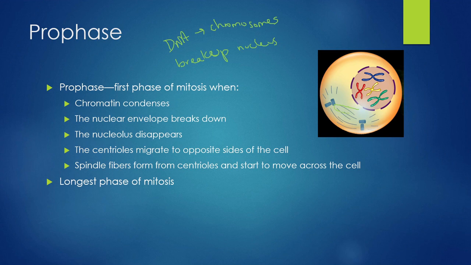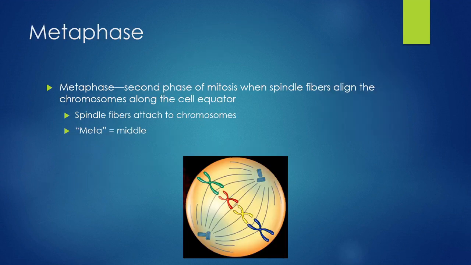So these are right here, these little lines, it's kind of hard to tell, that are going to help. Those are kind of the big points. There's other information here, but those are the big points. Metaphase is where we're going to line up all of the chromosomes in the middle. So if you remember meta meaning middle, that will help you.